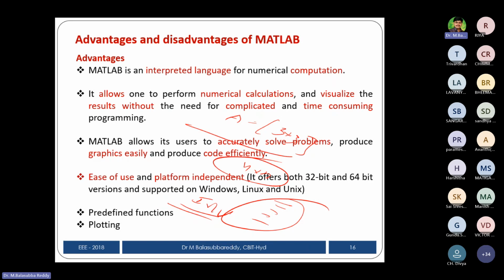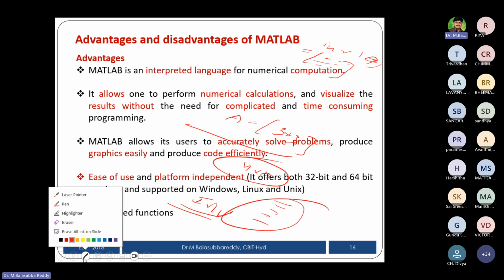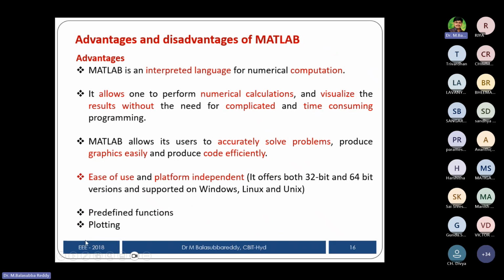But in the case of MATLAB, there is only an inbuilt line, INV of A, that will give the inverse of a matrix. INV of A directly gives the inverse of the matrix. That much easy.